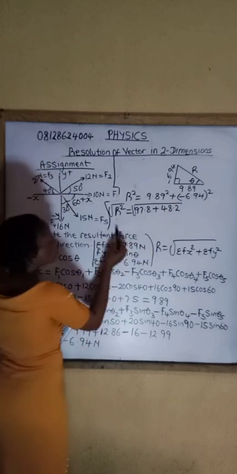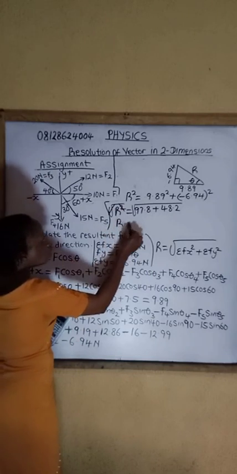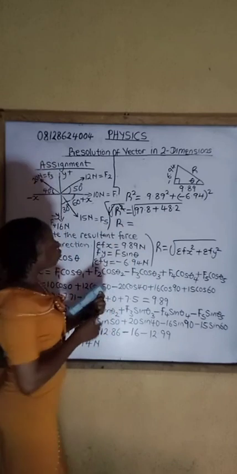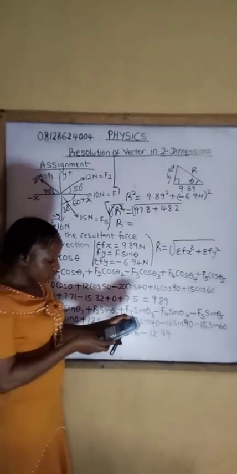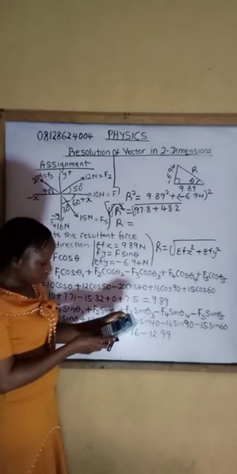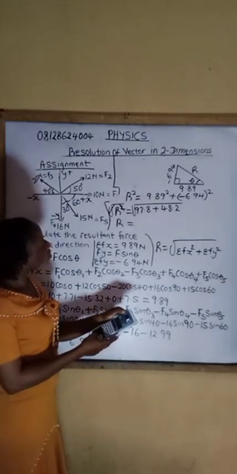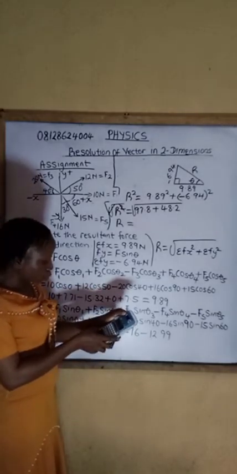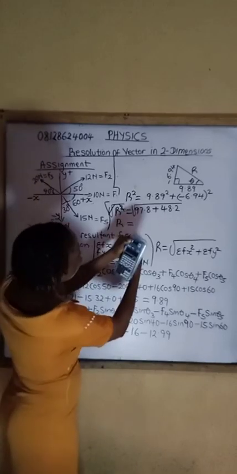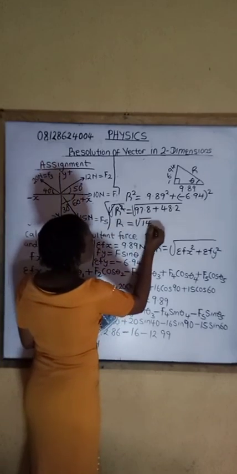So r equal to the square root of 97.8 plus 48.2, equal to the square root of 146.